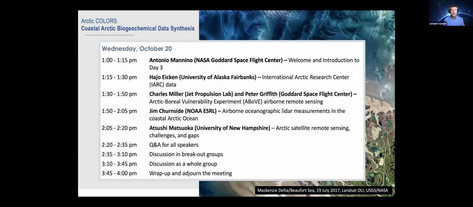So our schedule today. We've got Hajo Eichen from University of Alaska Fairbanks discussing the International Arctic Research Center data sets. To bridge the second day to this third day, Charles Miller and Peter Griffith will be talking about the ABoVE program, both in general terms, but also specifically about the airborne remote sensing data sets that ABoVE has collected within the Arctic Colors study domain.